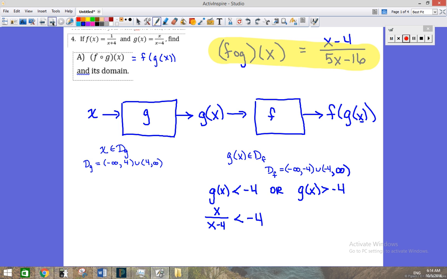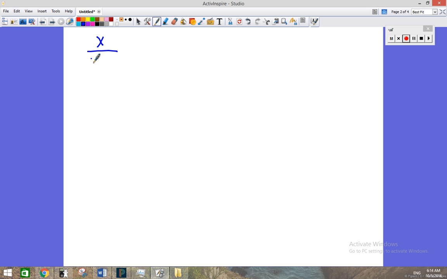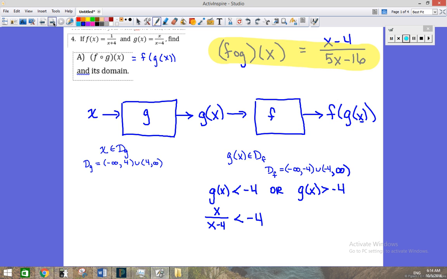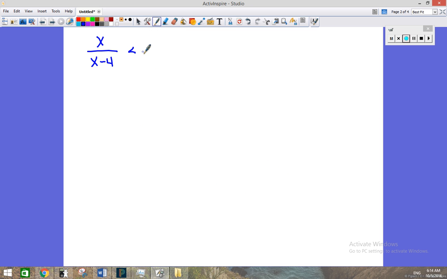x over x minus 4 is strictly less than negative 4 if we add 4 to each side. We'll write 4 as 4 over 1 because I want to add these two fractions together, and to add fractions together you need a common denominator. So I'm going to multiply this by the number 1.